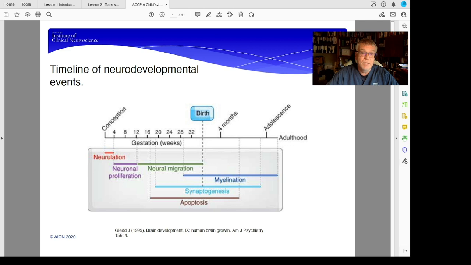of the neurulation and neural proliferation phases, which means it's important, if you are planning on having a child, that you do not do things that may endanger the normal neurulation and neural proliferation processes, especially because you won't know that you're pregnant potentially while these processes are happening.